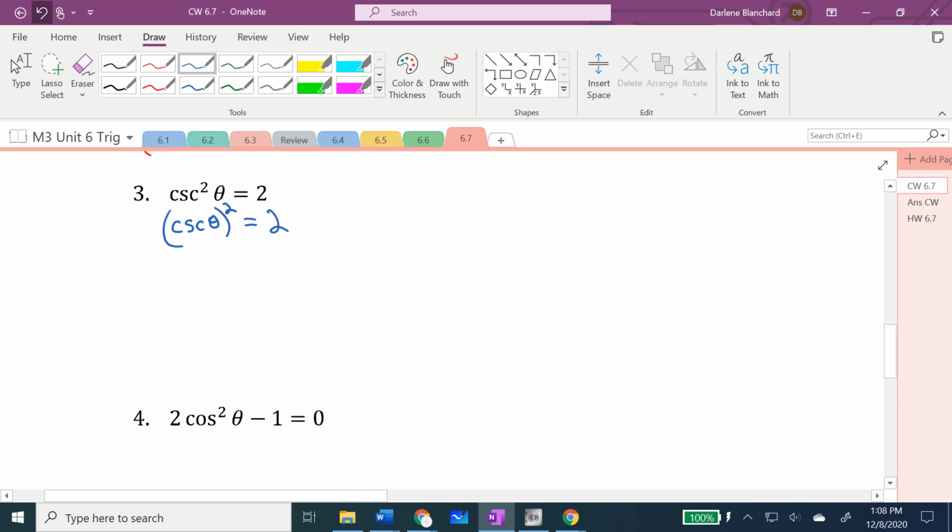Textbooks will never write it this way. But that doesn't make it incorrect to write it this way. It's just not the standard notation that will be used and put in print.